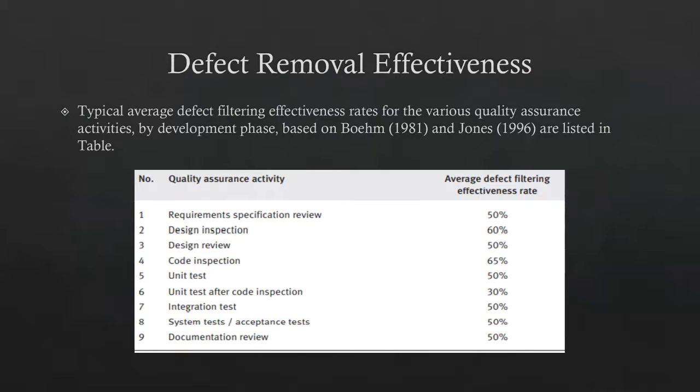As you can see, code inspection takes the biggest part, as before, at 65%, then design inspection with 60%, and the last one is unit test after code inspection with 30%.